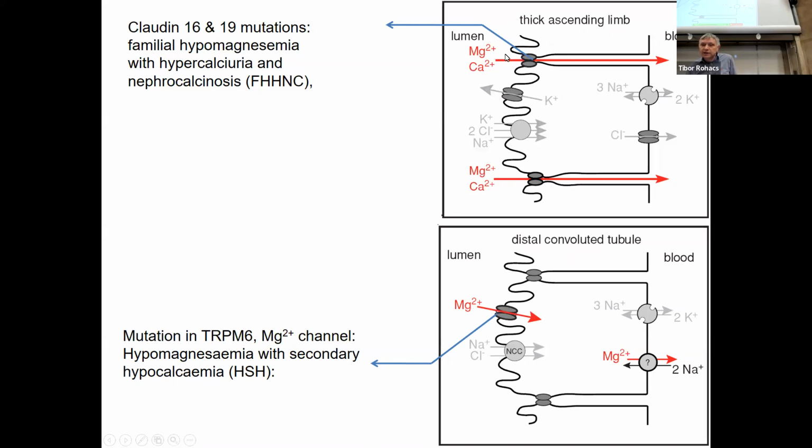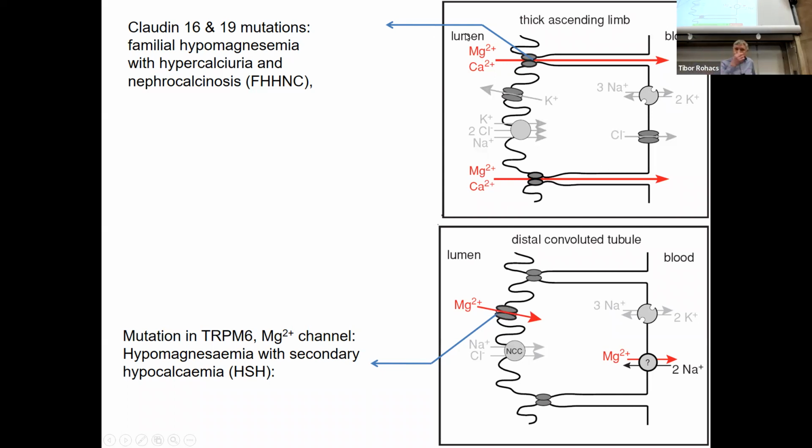And what's here, in addition to what I already showed you, is this paracellular transport mechanism for both magnesium and calcium, which goes through claudin proteins, claudin 16 and 19. When these are mutated, you get a disease called familial hypomagnesemia with hypercalciuria and nephrocalcinosis. Basically, if these claudin proteins are mutated, they become less permeable to magnesium and calcium. You end up with magnesium and calcium in your urine.